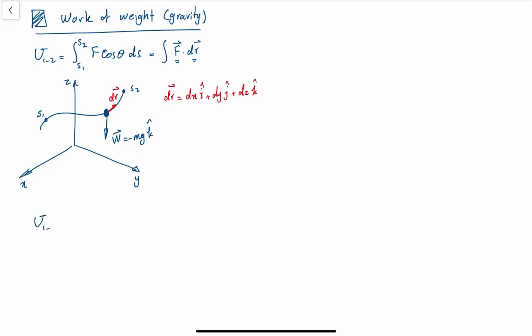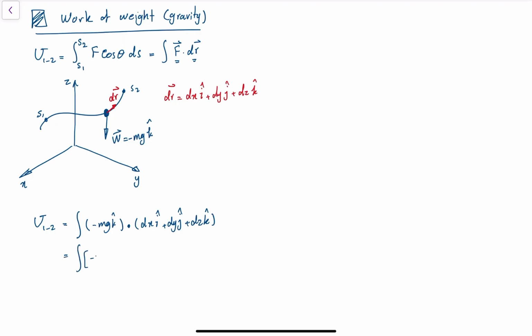So I can write work from 1 to 2 equals the integral of F, which is minus mg k, dot product with dx i plus dy j plus dz k. And see what happens when I take this dot product.